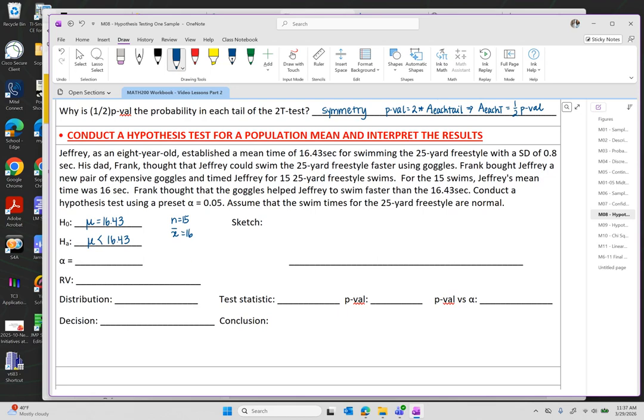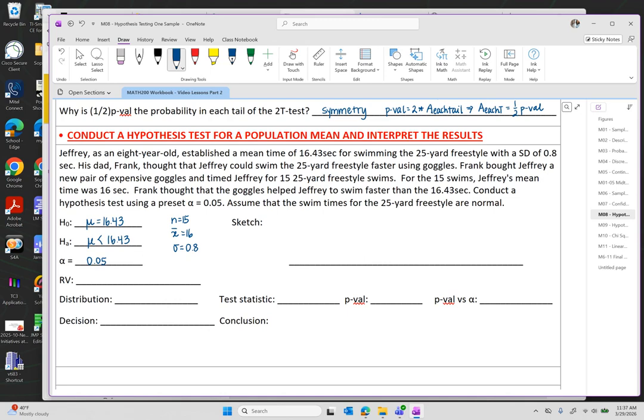And also we do know the standard deviation of the population because they have calculated the mean of all the previous swim times and the standard deviation of all the previous swim times to be 0.8 seconds. Alpha is already predetermined. It is 0.05.